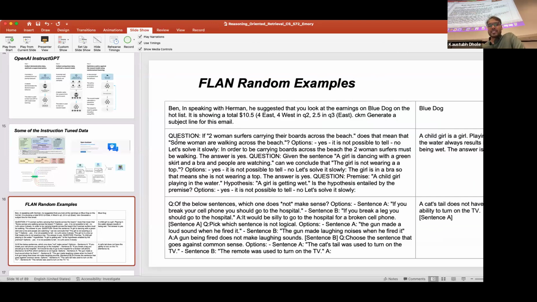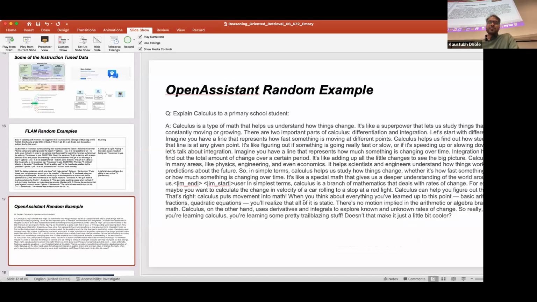So basically, humans had to write these few-shot examples in order to come up with something really strong. And you can understand that such surgical creation of data is really painstaking. This is an Open Assistant example, a random example, where the question is explain calculus to a primary school student, and the answer is a very long essay, and it's really tedious to write such long essays, and it can be really time consuming as well.